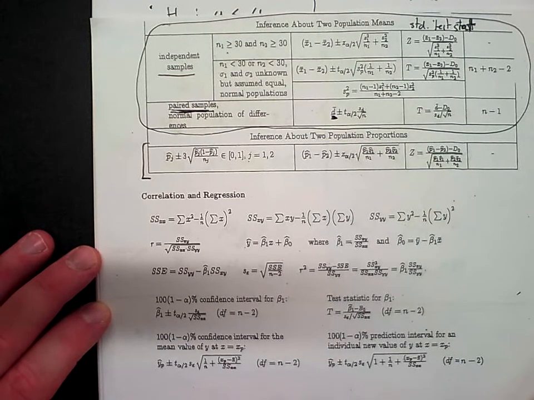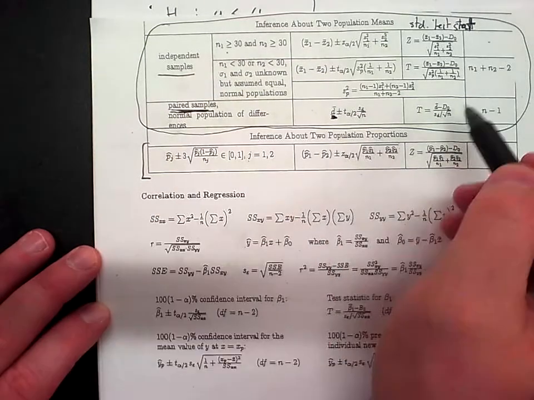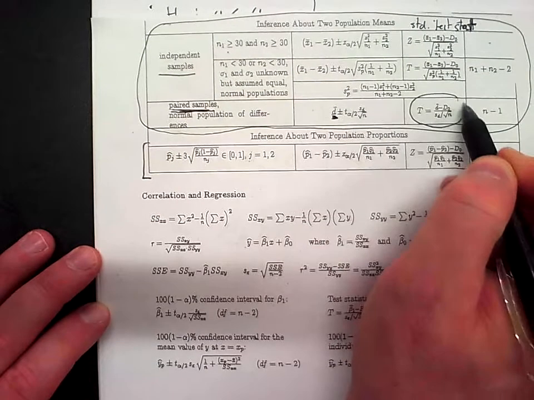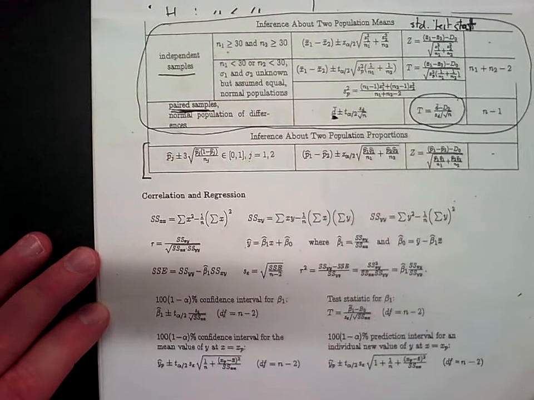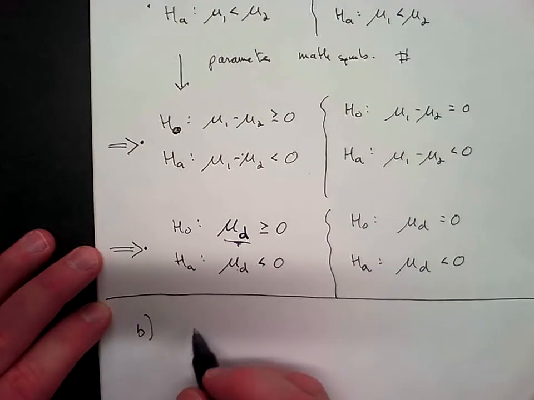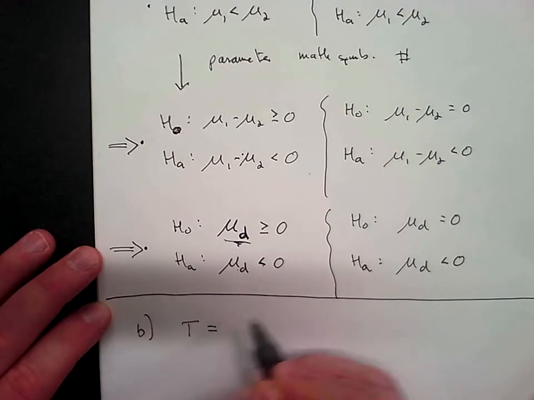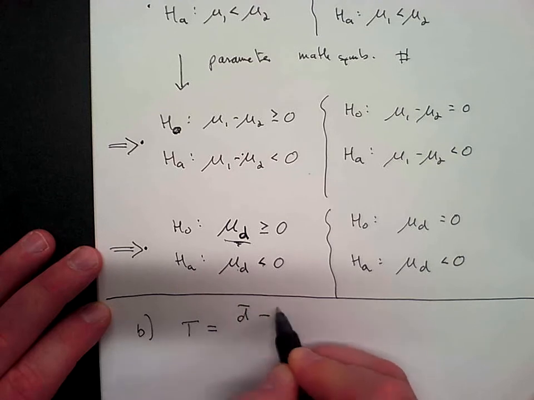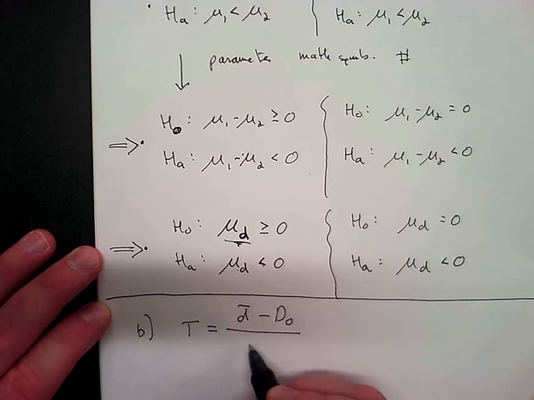Is everybody good that we're dealing here in this example with paired samples? So therefore, if we're dealing with paired samples, is everybody good then that we're going to use this formula right here to find our standardized test statistic? All right. So part B is asking us to find our standardized test statistic. I'm simply going to copy down that formula from our formula sheet. And here we have this from our formula sheet.